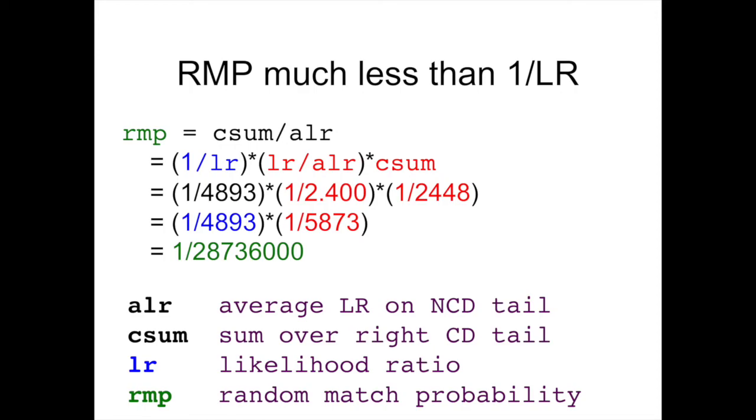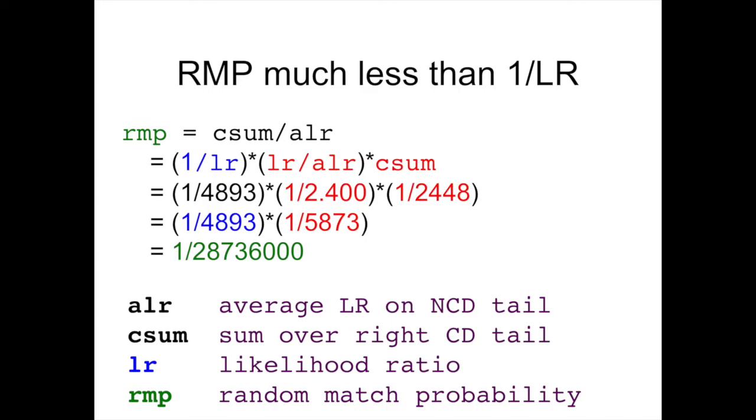In this case, what do we see? The LR itself is about 1 in 5,000. That's the 4893. The second term is 1 over 2.4. And the third term, because the LR so far to the right on the contributor tail is about 1 over 2,500. When you multiply the two red terms together, you get roughly, say, 1 in 5,800.